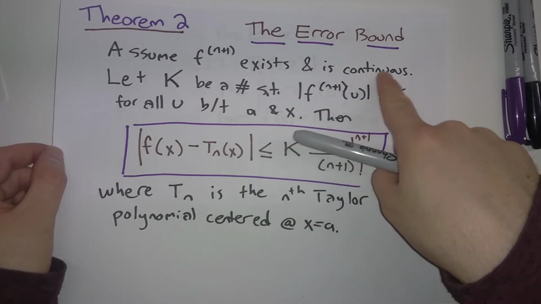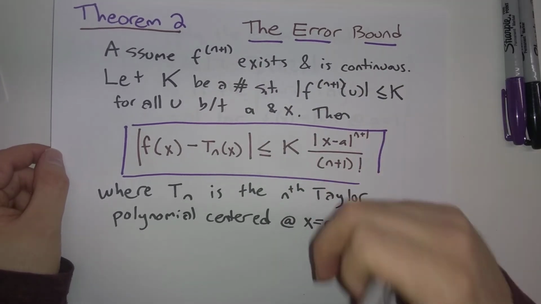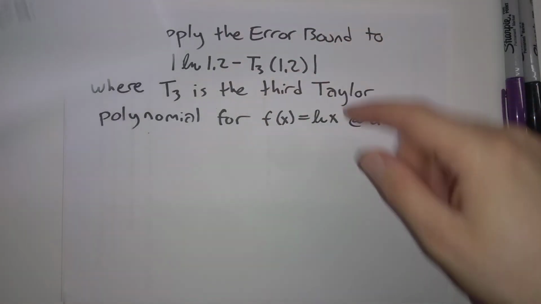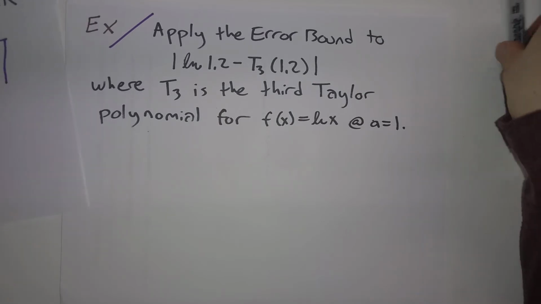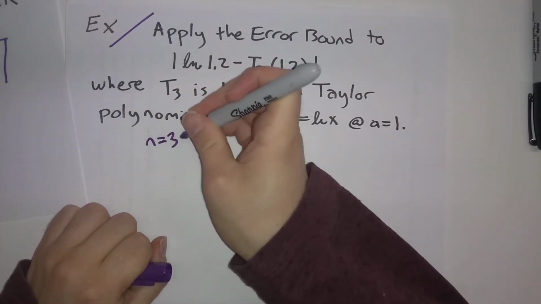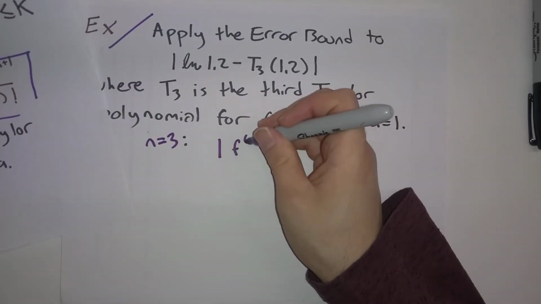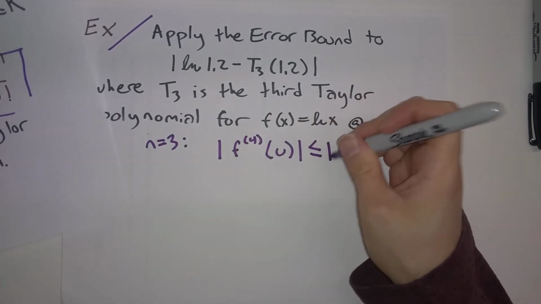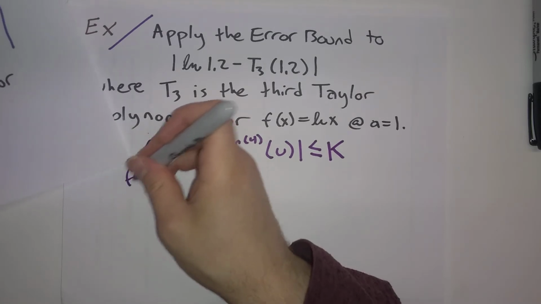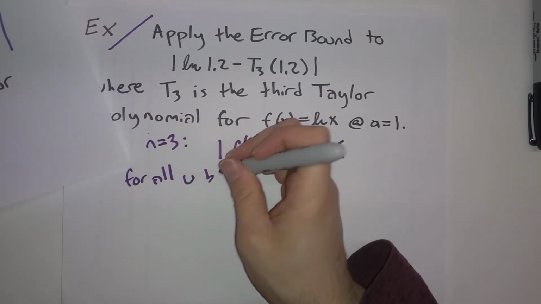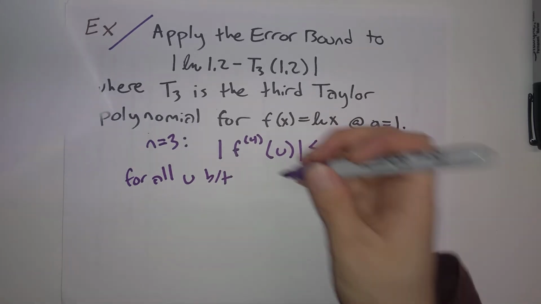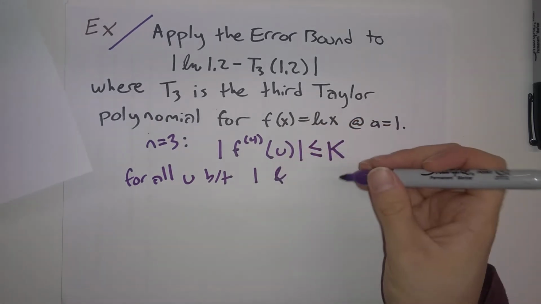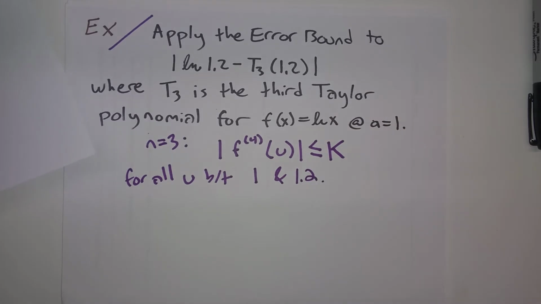All our derivatives exist and are continuous. That's good. Let k be a number such that, so here we are working with n equal to 3, we are looking for the absolute value of the fourth derivative of f evaluated at u to be less than or equal to k for all u between a, which is 1, and x, which is 1.2.